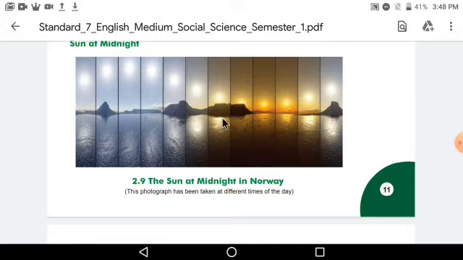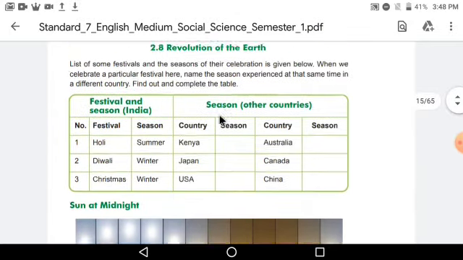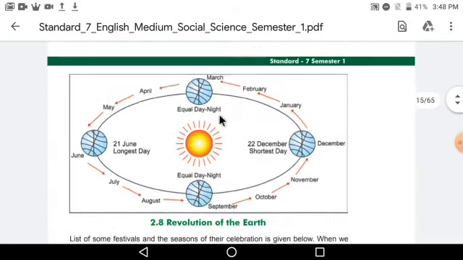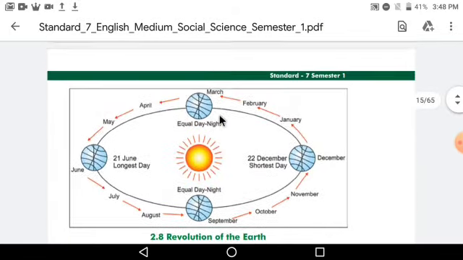See, so why does this happen? I'll explain with this example. Here is Norway.